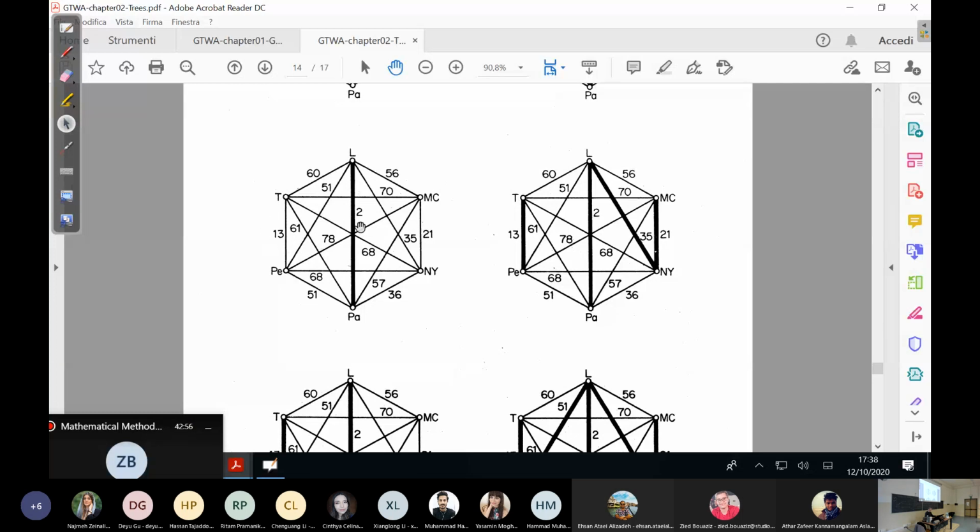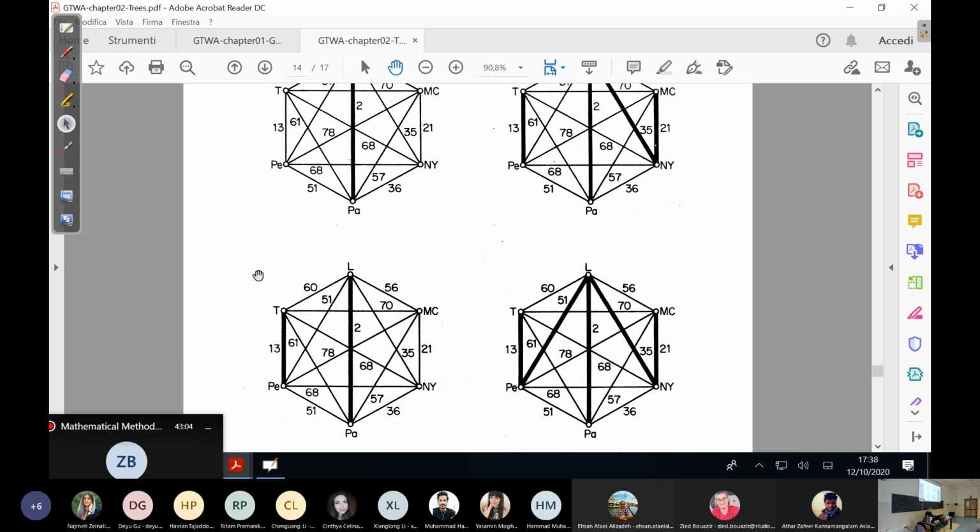The smallest one among the remaining ones is this between Tokyo and Peking, 13. Can we add it? Yes. Why? Because if we add it to the one we had already chosen, we do not close a cycle. Okay. So now we have these two.